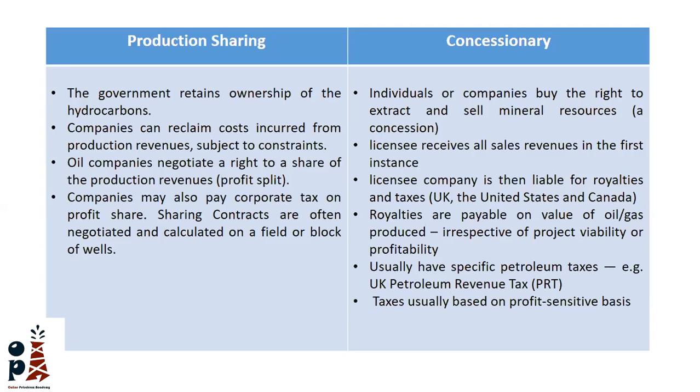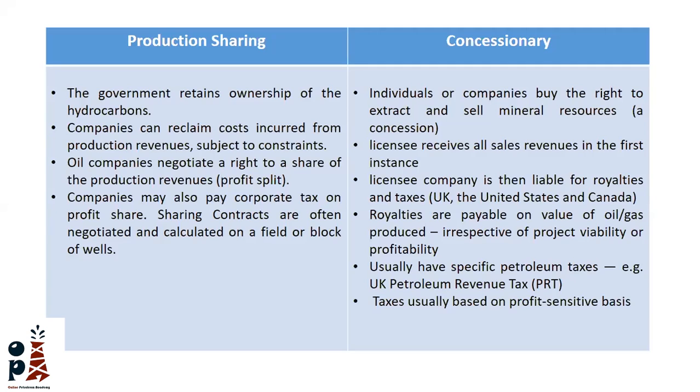Second point, the companies can have what is called cost recovery to recover the costs incurred from production revenues. The third point is oil companies negotiate to share revenue from the production, which is called the profit split. And finally, companies pay corporate tax on profit share. This is taken by the government.